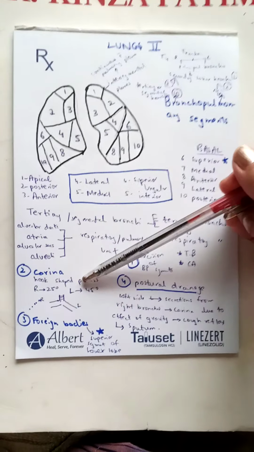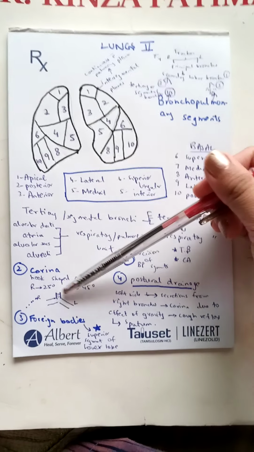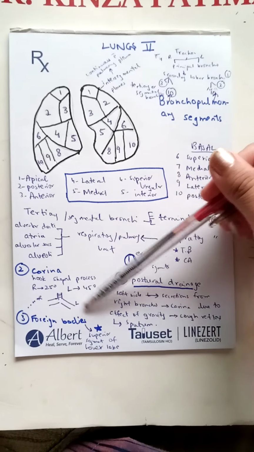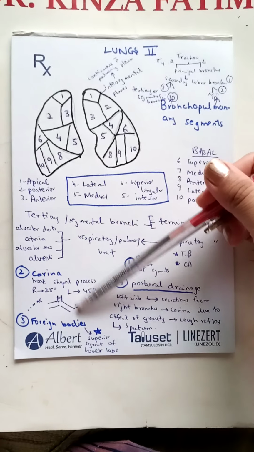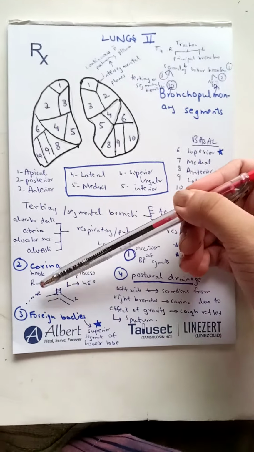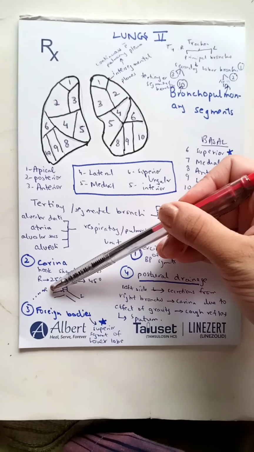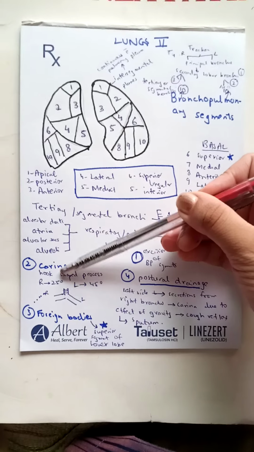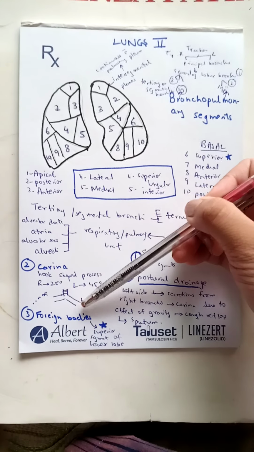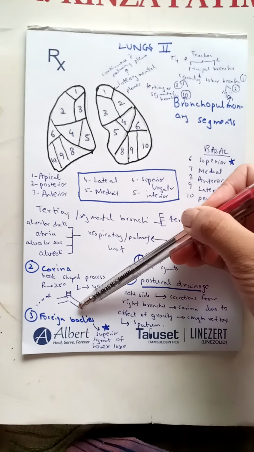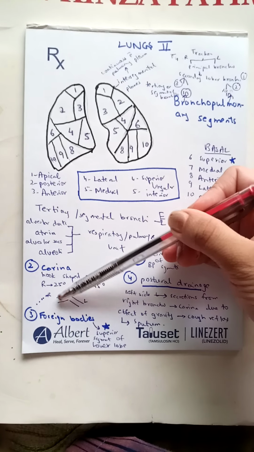Carina is a point or a hook-like process that divides the trachea into the primary bronchi at the level of the T4 thoracic vertebra. The right principal bronchus is at an angle of 25 degrees and is more inclined towards the trachea. The left one is at 45 degrees and it is narrower, and the right one is shorter and broader.